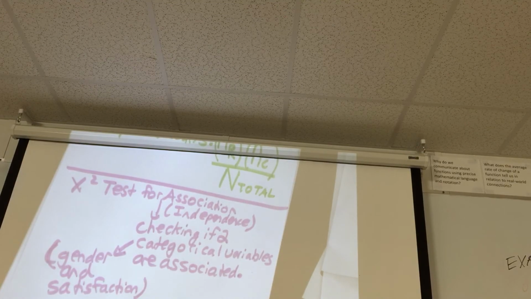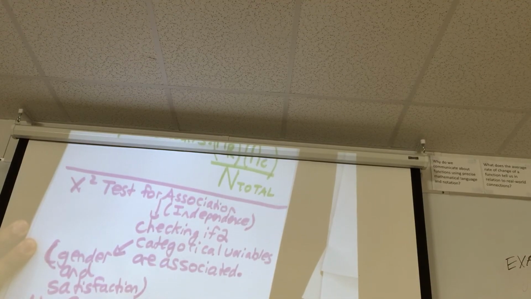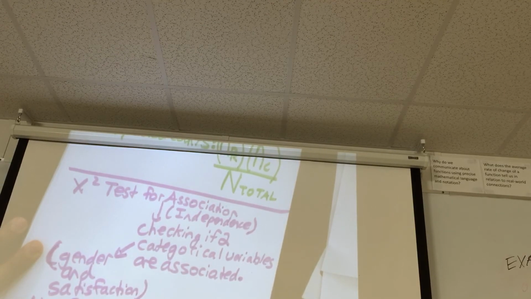Okay, now we write the null and alternative just like before. So the null is gender, that's variable A, and level of satisfaction are not associated.